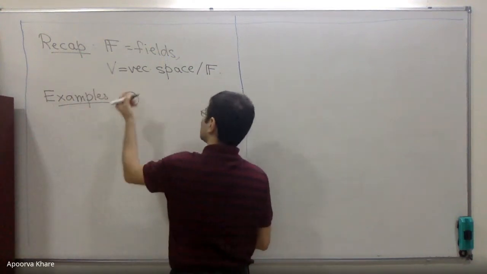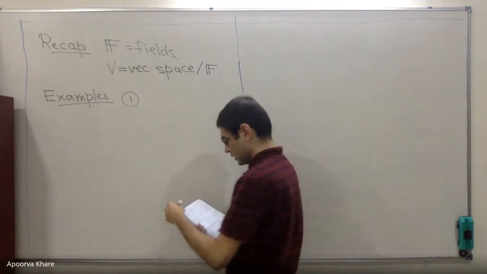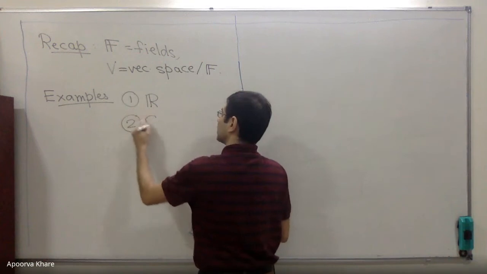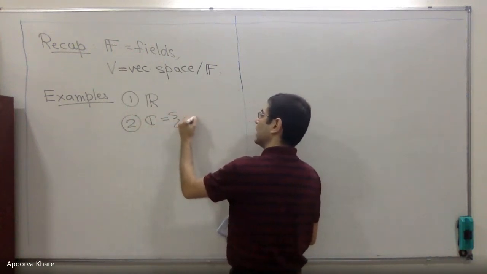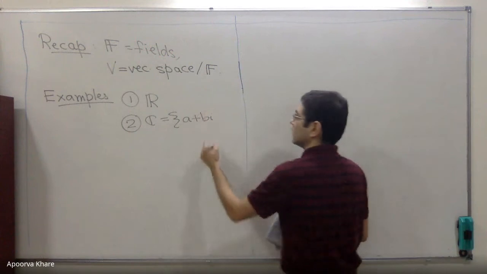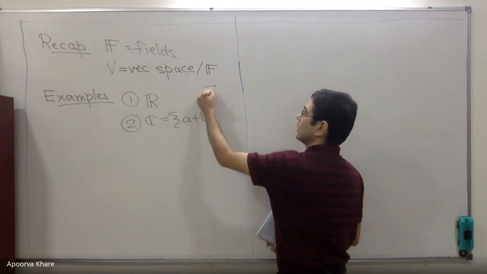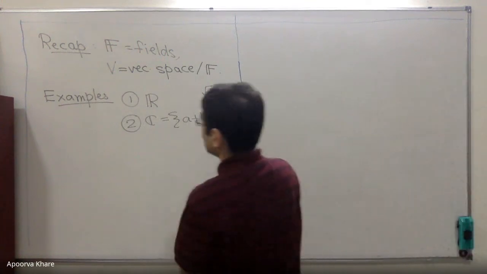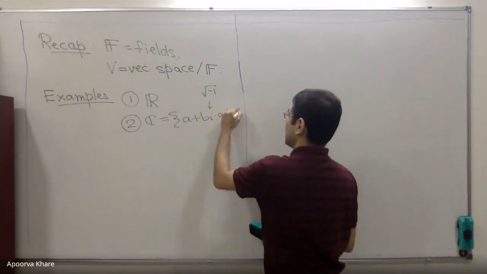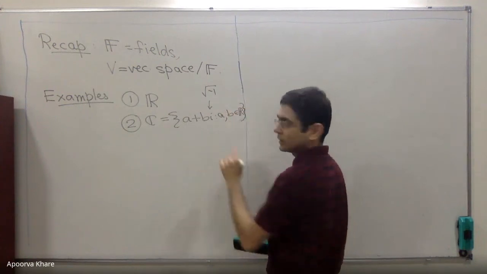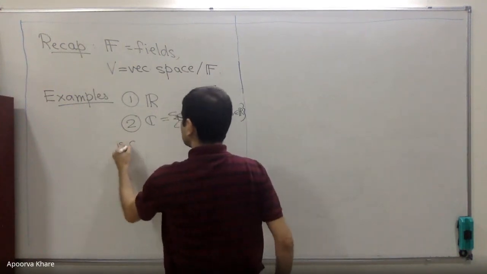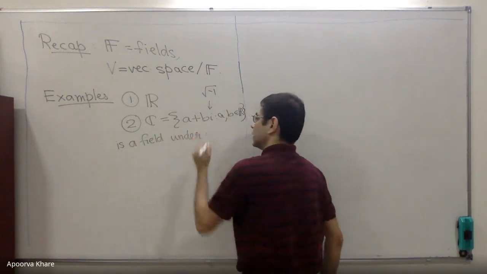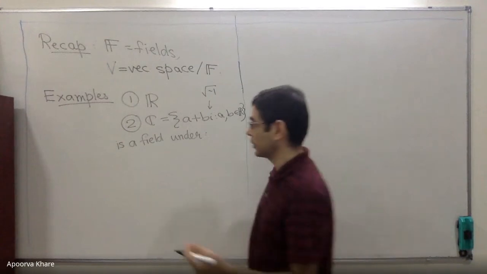Okay, so remember examples. The first one, I said the real numbers and the complex numbers. So I'll remind you that R is a field. The set of complex numbers, let me write this down: a plus bi, where i is the square root of -1 and a, b are in R. This is a field under the following operations.